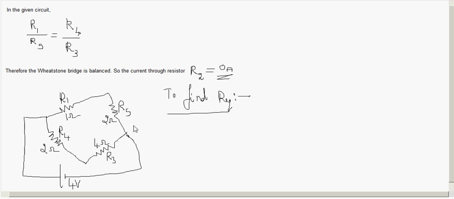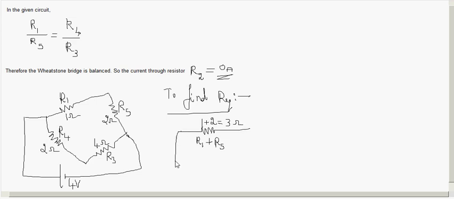If we see this, 1 ohm and 2 ohm are in series. Similarly, 2 ohm and 4 ohm are in series. And the combination is in parallel. So this can be written as R1 plus R5, 1 ohm plus 2 ohm, which is equal to 3 ohm.